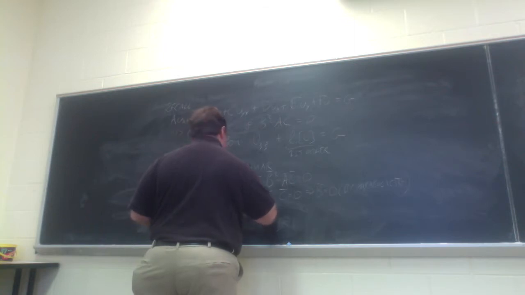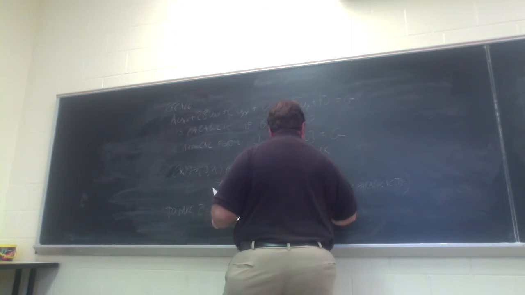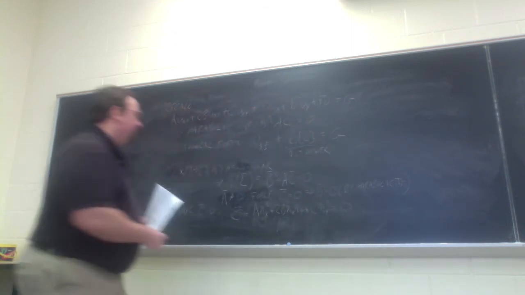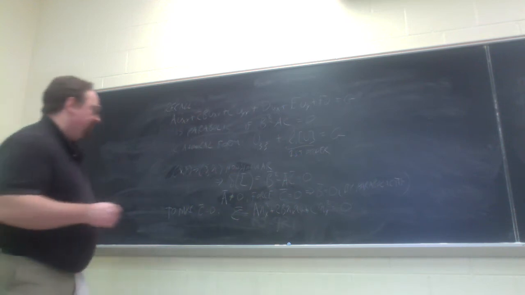It's a eta x squared plus 2b eta x eta y plus c eta y squared. We want that to be 0. Now, I'm going to mess with this algebraically to get a simpler equation to work with.